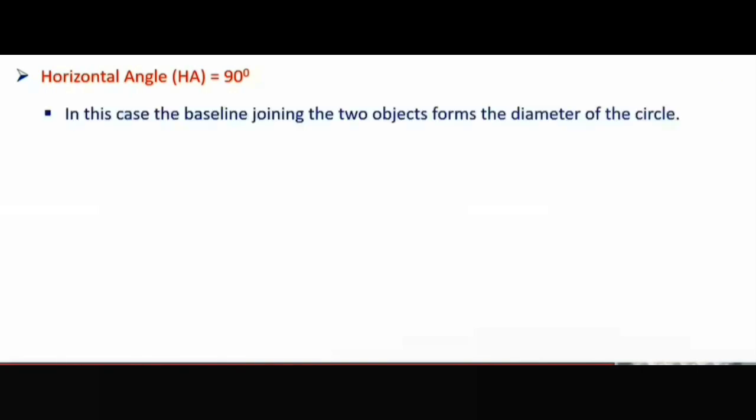Now there can be some special cases wherein horizontal angle happens to be exactly 90 degrees, neither more than 90 nor less than 90. In this case, the baseline joining the two objects forms the diameter of the circle. So if it is the diameter, the center of the segment becomes the center of the circle. Measure the baseline with scale to find its midpoint.